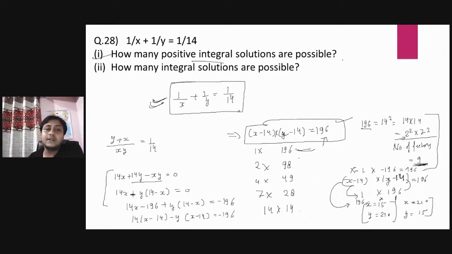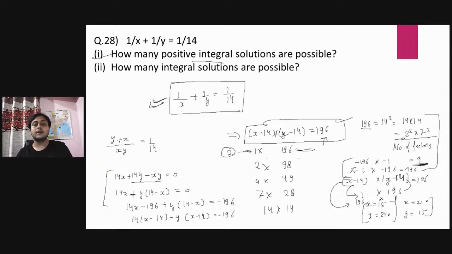This one, -1 into -196 and -196 into -1, we will not consider these two to find positive integral solutions, because when you compare these two with x minus 14 and y minus 14, you will get integral solutions, not positive integral solutions, right? So for positive integral solutions, when you choose this one, we get two solutions.